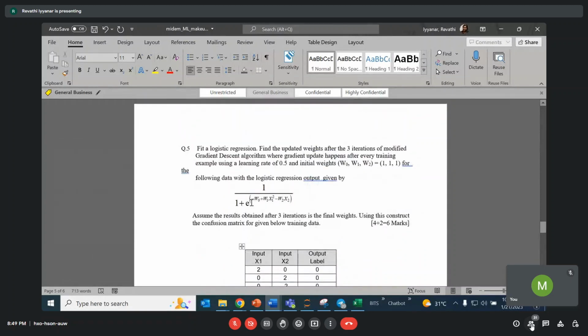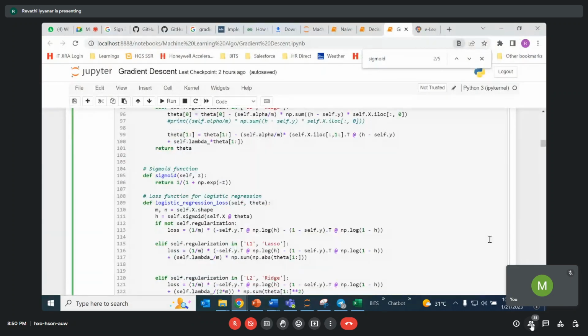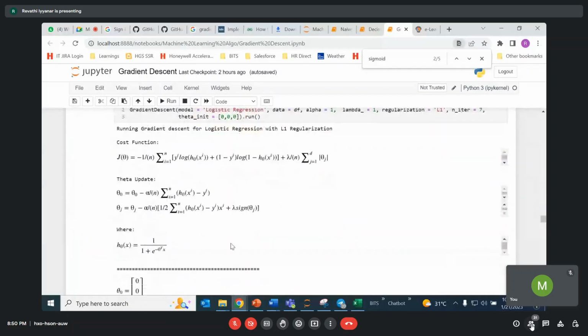See here, this is a hypothesis function for logistic regression that has changed. By default, in Sumil's program, the hypothesis function is 1 by 1 plus e to the power of minus theta transpose x.